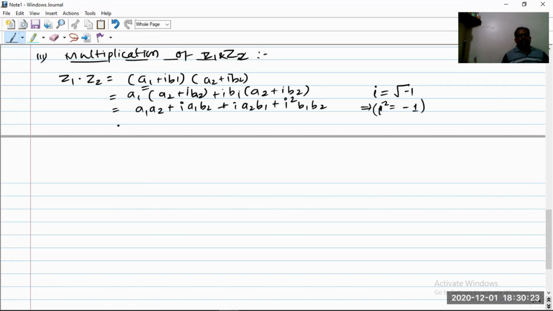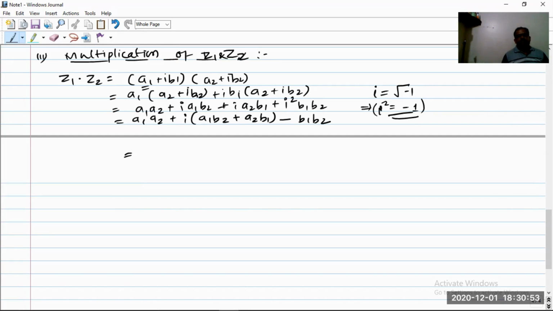So students, here I can rewrite a1 a2 plus, here I have the two terms of i in linear form. I can take i common from this, and I am left with a1 b2 plus a2 b1 in one bracket, and then using the value of i square as minus 1, I can write only a minus sign for b1 b2. So again I have the real numbers a1 a2 and b1 b2.